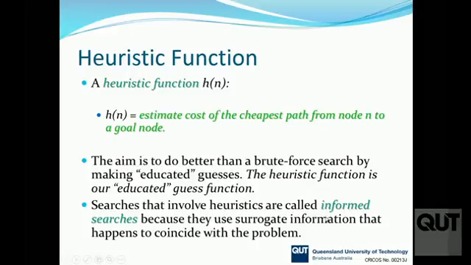So it's surrogate information that coincides with the problem. For example, with pathfinding, if we are at a certain location and we want to get to another location, simply a beeline or a straight line from one location to the other could be a very good heuristic.